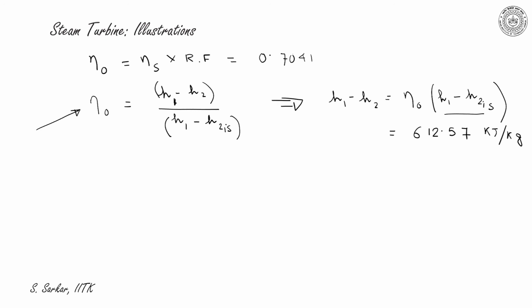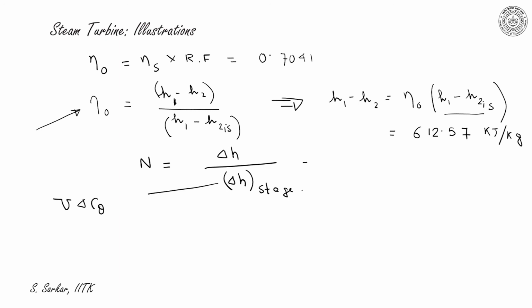Let us consider n be the number of stages. Then n would be equal to del H, actual enthalpy drop, divided by del H per stage. Now del H per stage is nothing but U into del C theta, that we have already calculated.